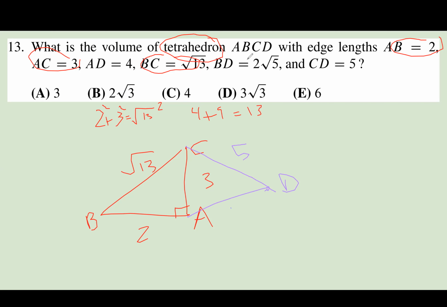AD is 4, that's 3, but that's a 3, 4, 5 right triangle. So this angle is also 90 degrees. But D is up in the air, this is not in a plane. D is up, and then BD has length 2 root 5. So this is 2 root 5.